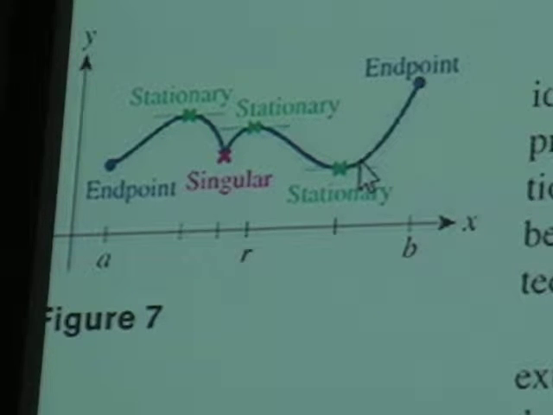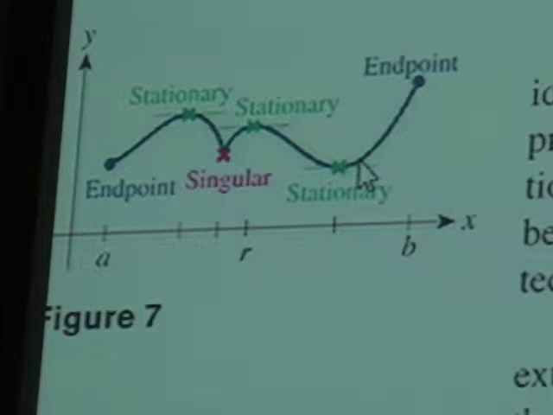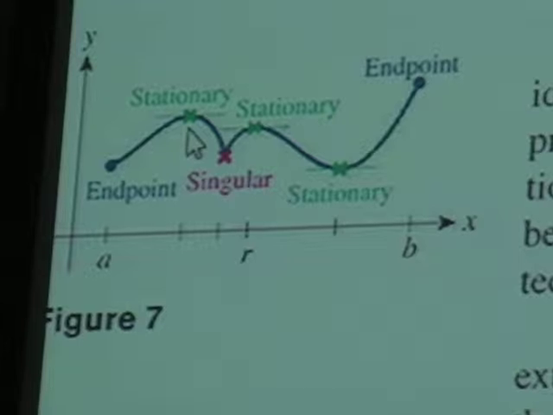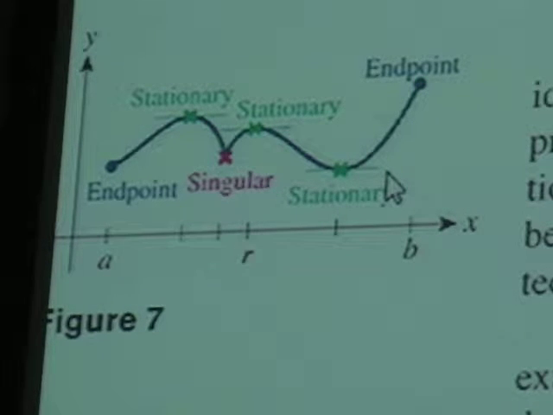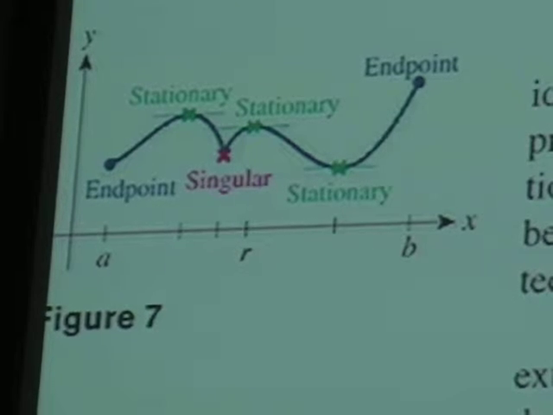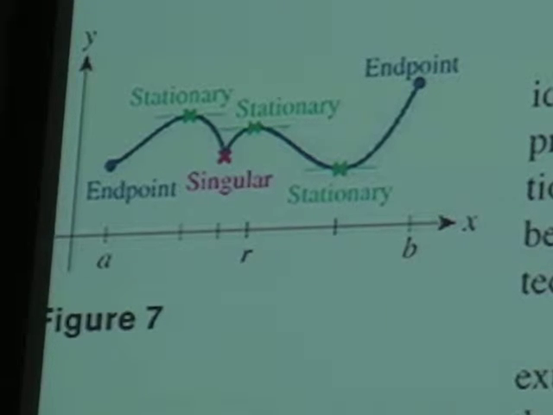At the points labeled stationary, the tangent lines to the graph are horizontal. Stationary, stationary, stationary. You can see the tangent lines are horizontal. So stationary points are where the tangent line is horizontal or flat. Anytime f prime equals 0, we say that f has a stationary point at x because the rate of change of f is 0 there.